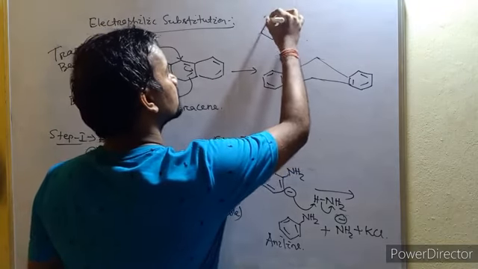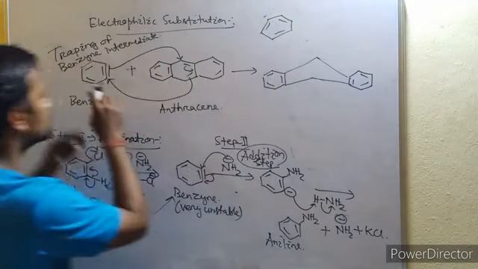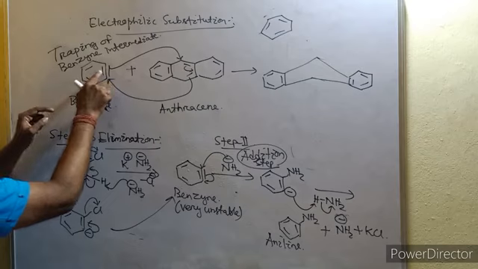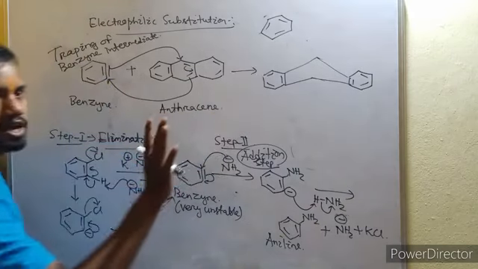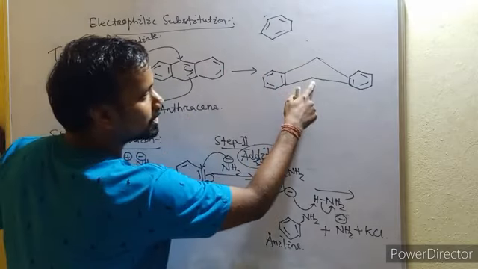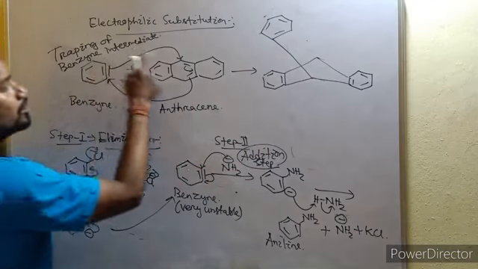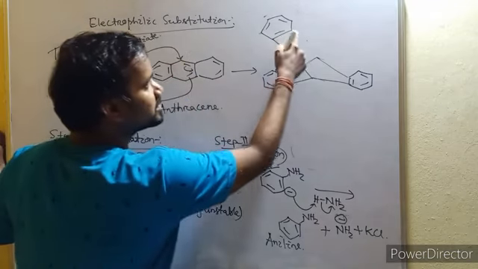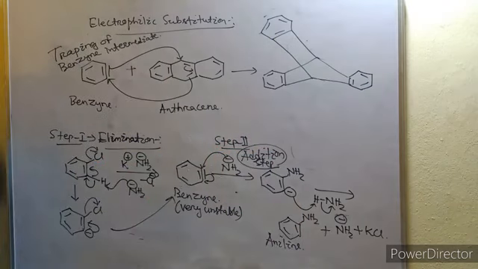Make it horizontal. Here is the double bond. Just rotate it. Here are two double bonds. Clear? This point will be connected to this one. Join this. Okay, see, easy.